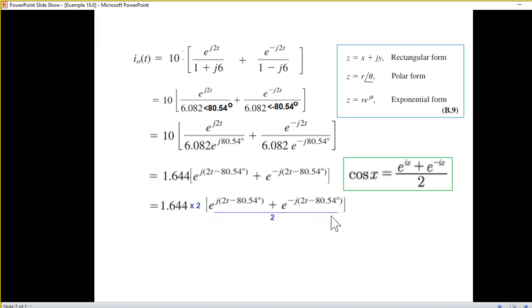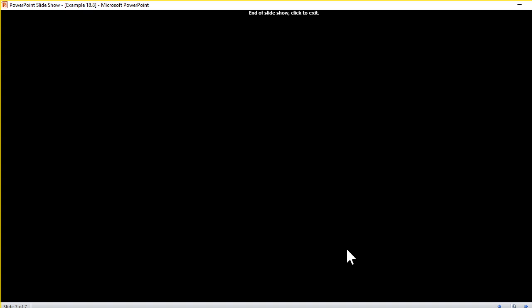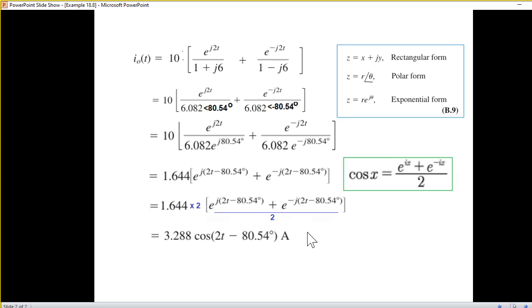So now we can apply this formula. This multiplication is 3.288, and this will be cosine of x. Now this is x. So this is cosine of (2t minus 80.54). And so this is our answer. So this is the answer in time domain.